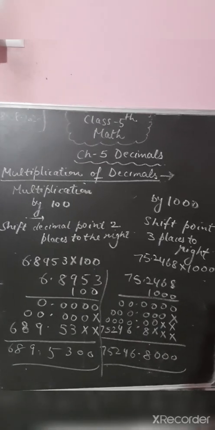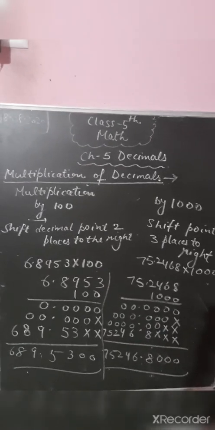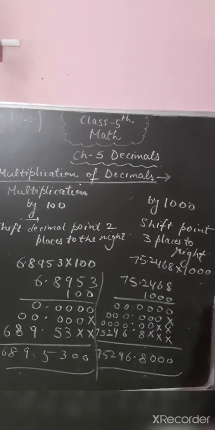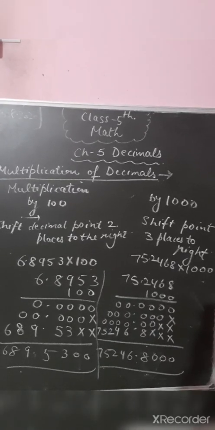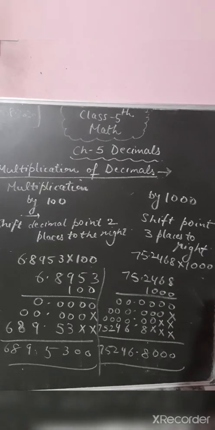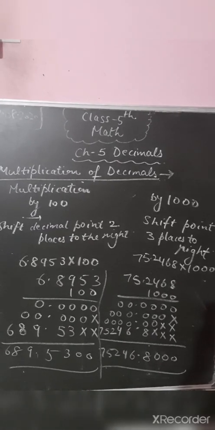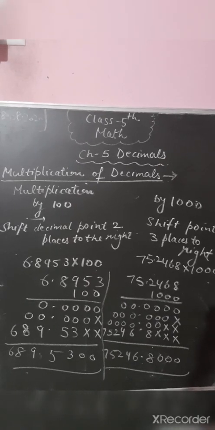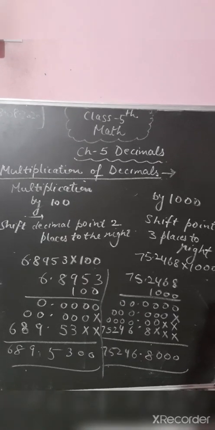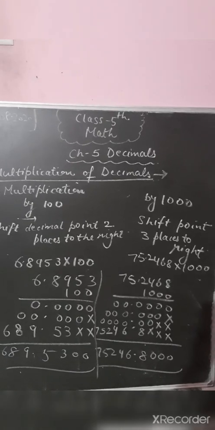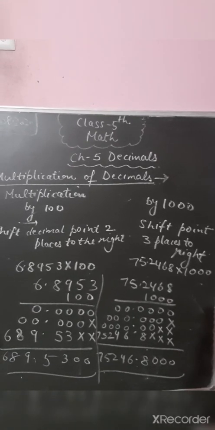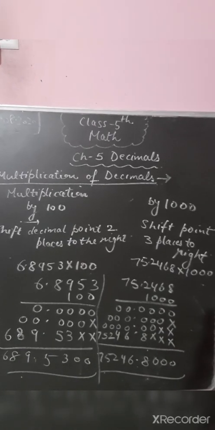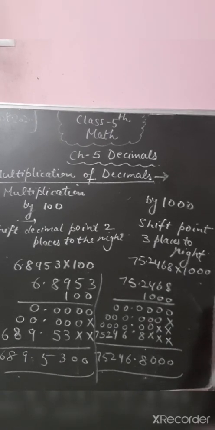Next is multiplication by 100, and then 1000. In multiplication by 10, we shifted the decimal point 1 place to the right. Here by 100, you have to shift the decimal point 2 places to the right. I will take one example: 6.8953 multiplied by 100. I have multiplied, right? But the decimal point is always fixed, and I have to shift 2 places to the right because I am multiplying by 100.